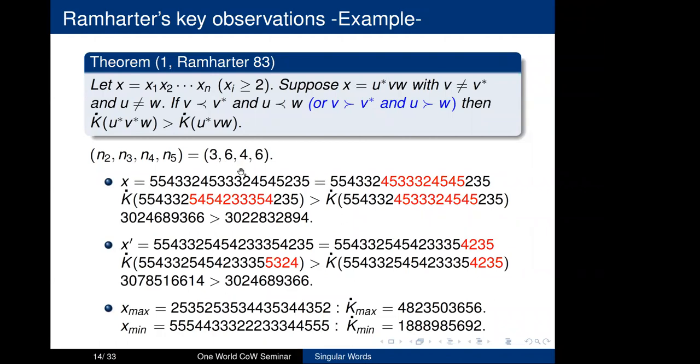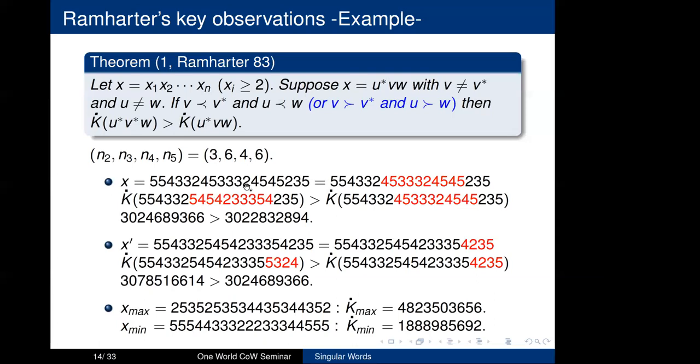So, okay, and the other thing I wanted to mention in this example is, let's fix again this abelian class. So we're looking at all words consisting of 2, 3, 4, and 5 with this multiplicity, this parent vector. Starting from this word X, we took a factorization of X that satisfied the condition of the theorem, and we reversed the V, and we got this new word, X prime.